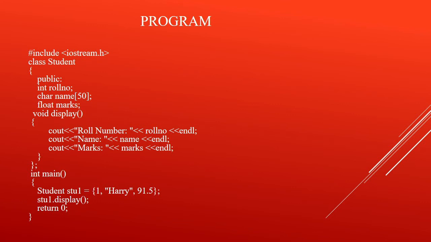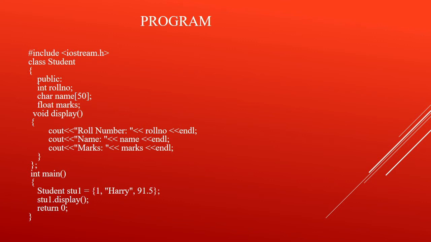A simple program to explain the class concept. In this program, the member function is defined inside the class itself. First I have included the header files. After that, the class is defined.